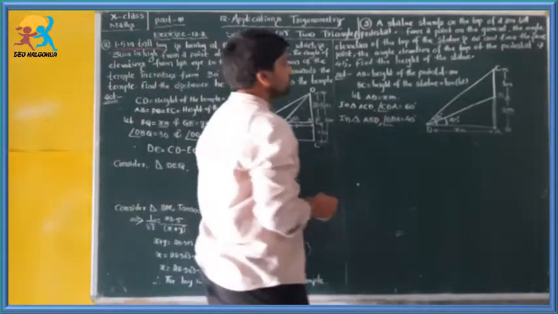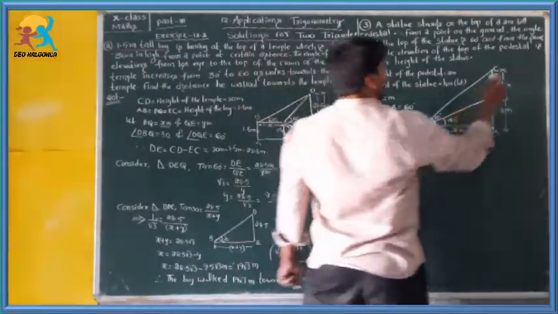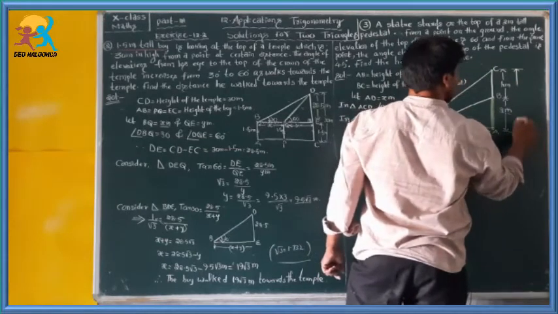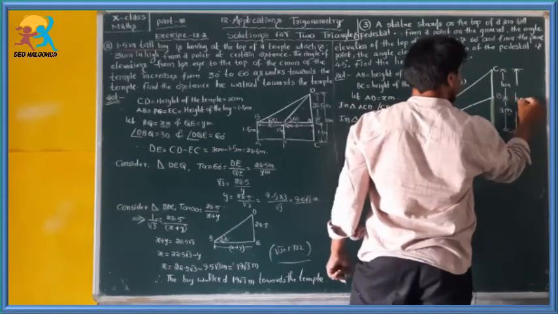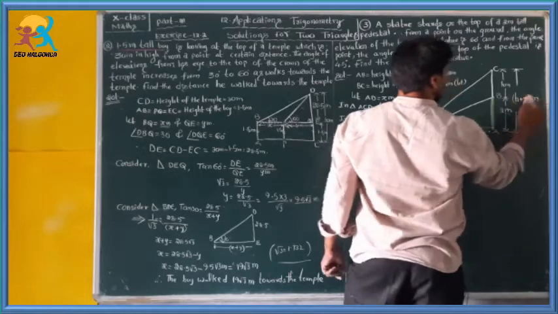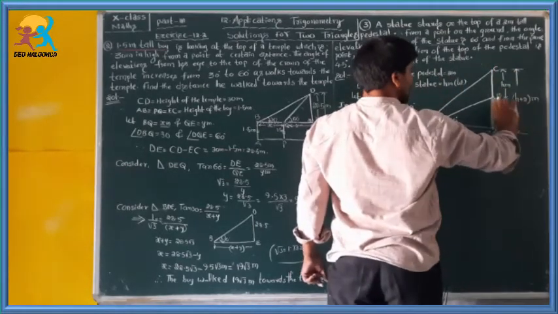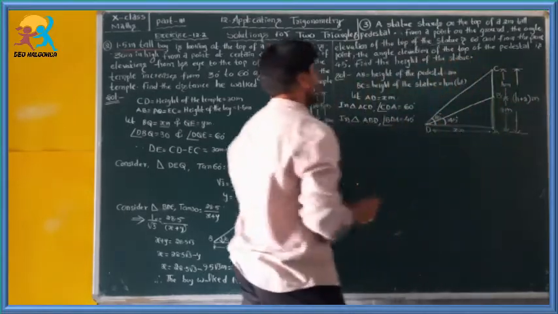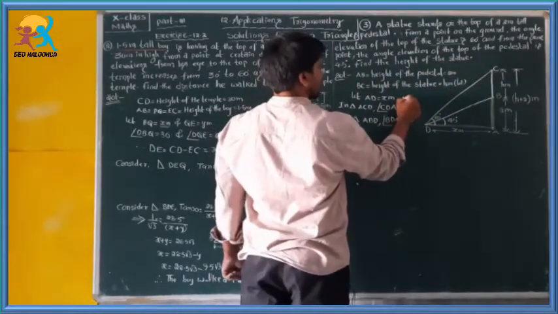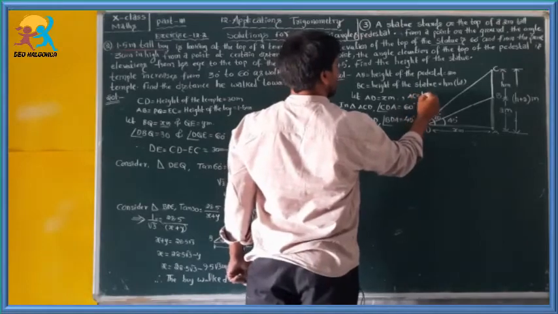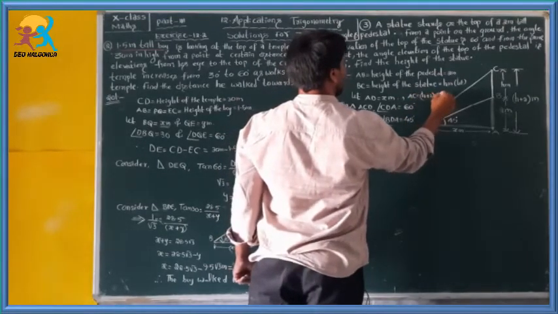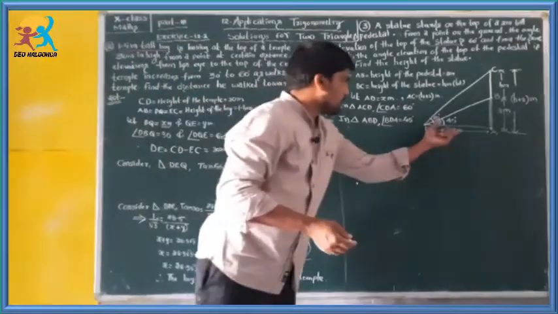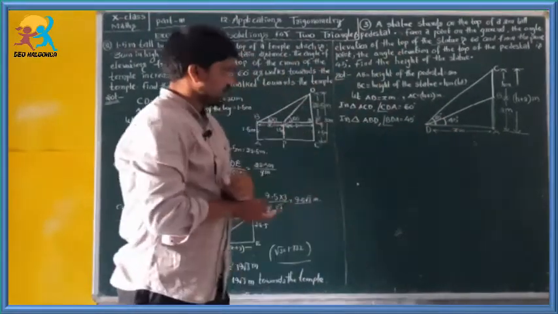Now the total height from C to A is h plus 2 meters. Up to B is h meters, and from B to A is 2 meters. Total is h plus 2 meters. AC equals h plus 2 meters. This is the information we collect from the figure as well as from the question.